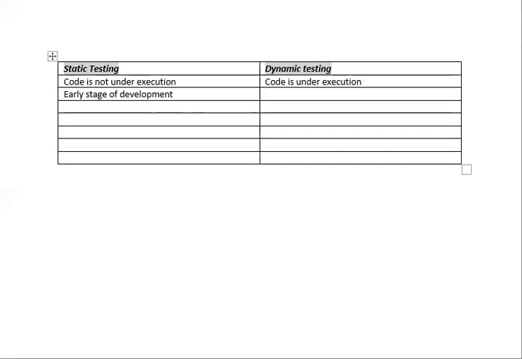While dynamic testing is performed at the later stage of development, when the whole development is done and the testing team starts executing the code and finding out the bugs.